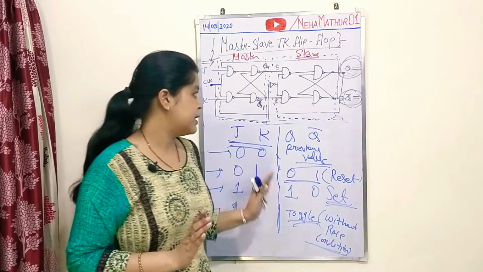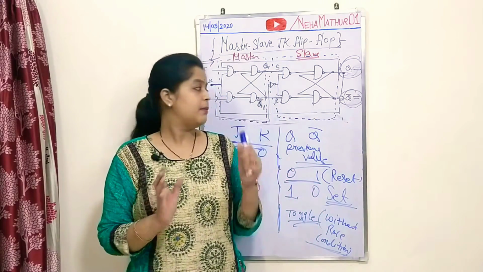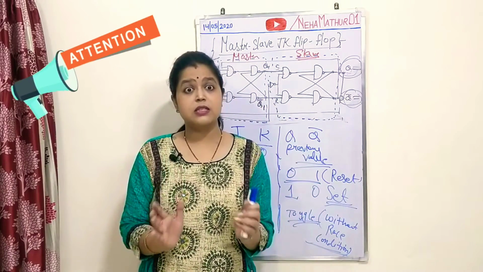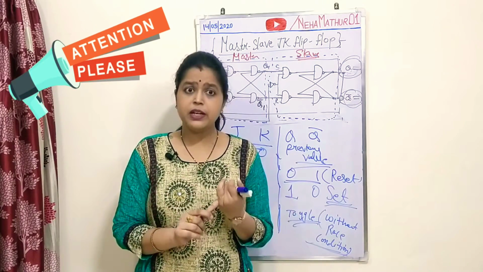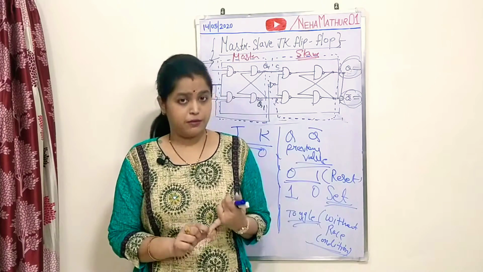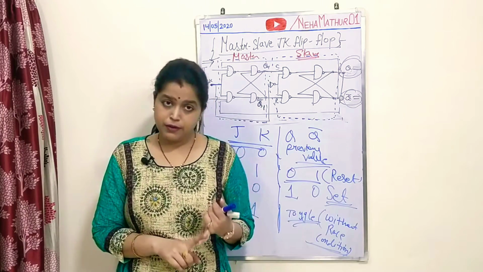So this is the complete concept of your master slave flip flop, and I am just concluding the topic. This is a very important flip flop because we were getting an uncertainty problem in the SR flip flop, and to overcome that problem we designed the JK flip flop.